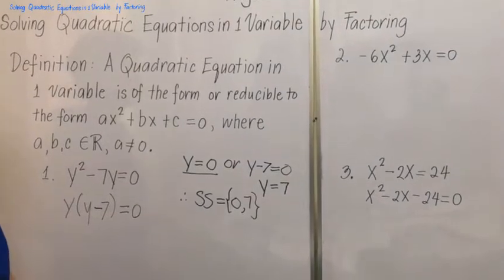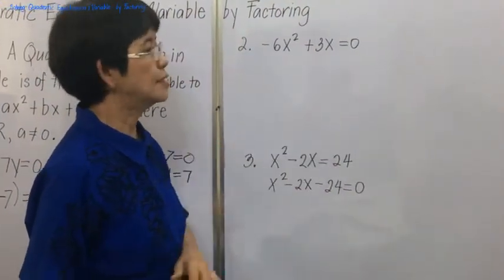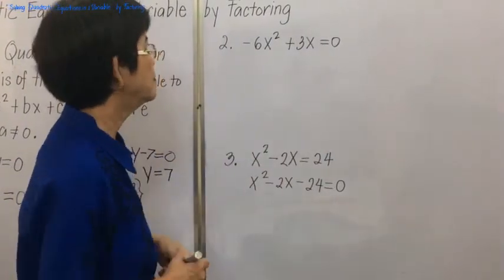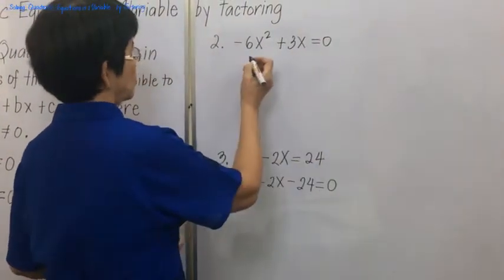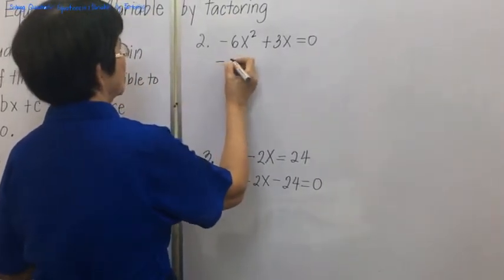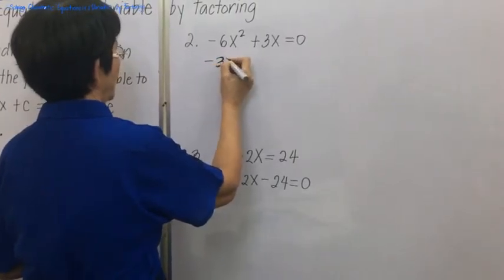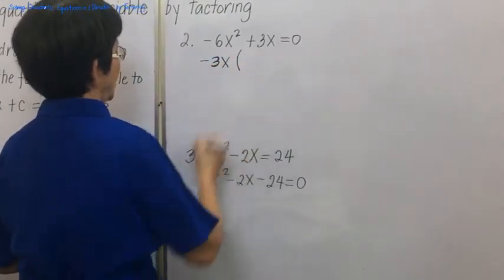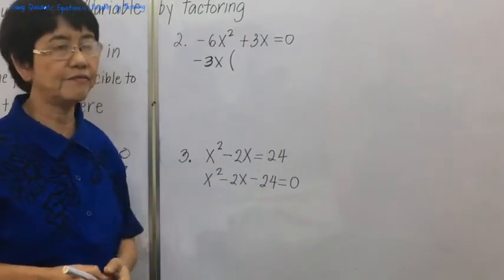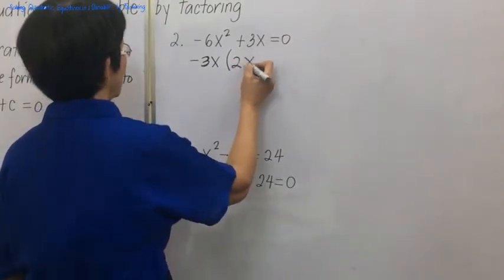Number 2: −6x² + 3x = 0. So we factor this side, and getting the common monomial factor, we have −3x. Dividing both terms here by −3x, we have 2x.